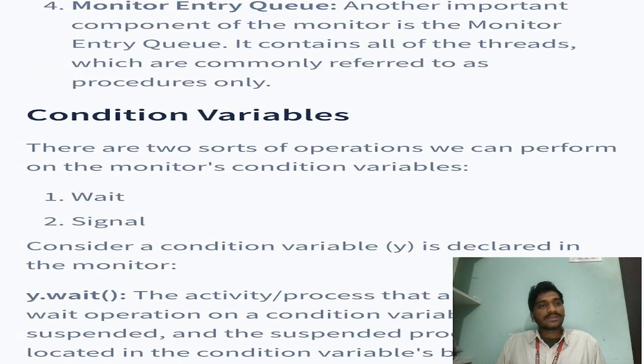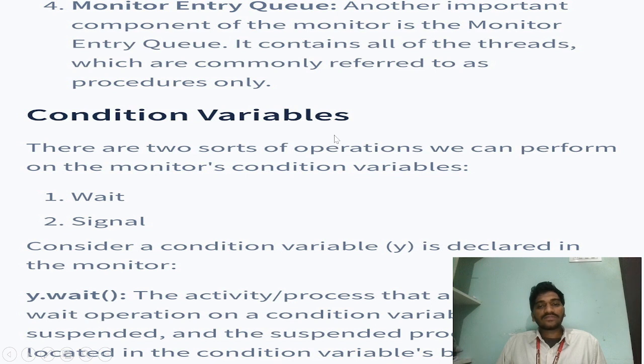And the next part will be the monitor entry queue. Another important component of the monitor is the monitor entry queue. After completion of execution, processes will be stored in the queue. It contains all of the procedures and condition variables.